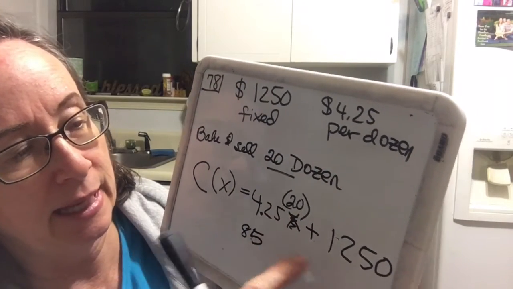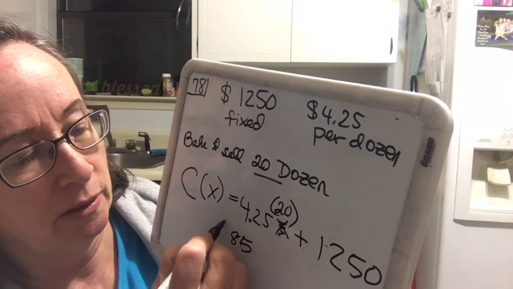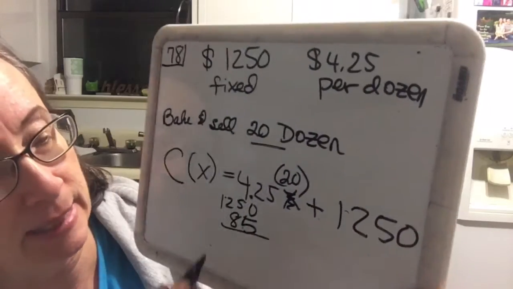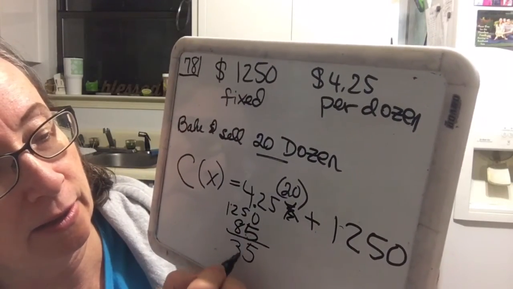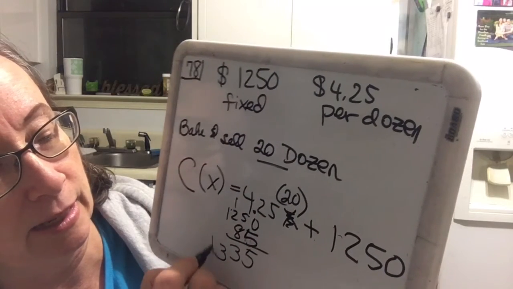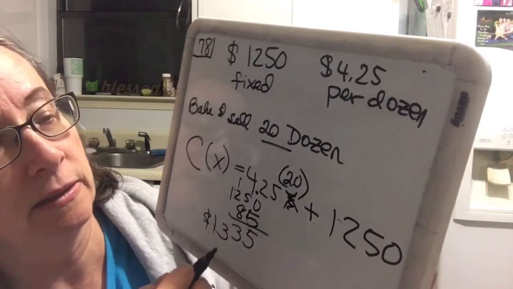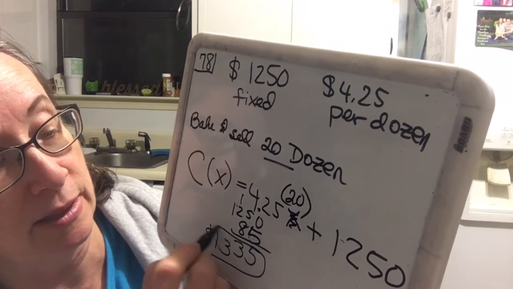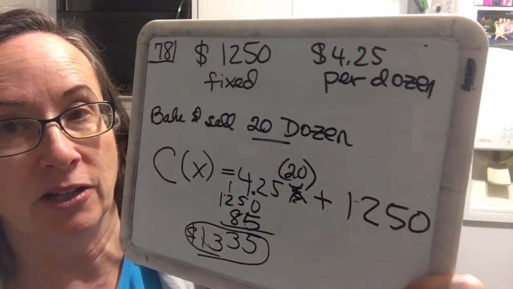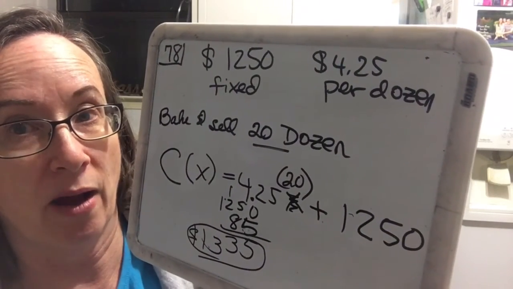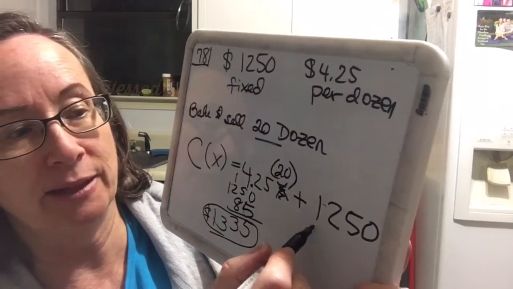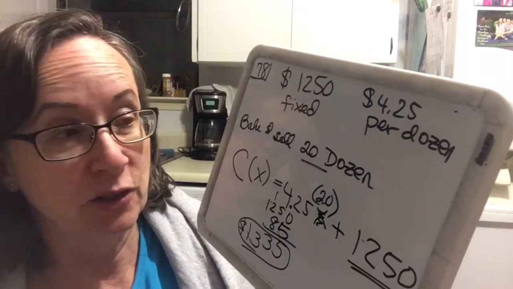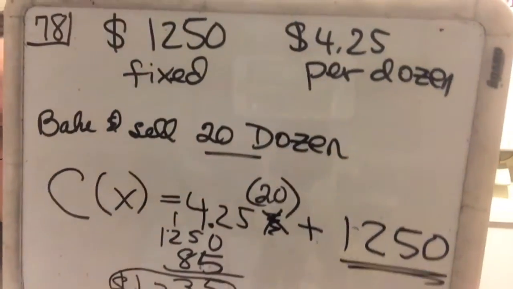Okay, and then added to 1250, and when I put all of that together, I get $1,335. Wow. Okay, but notice they have this much that's already fixed cost that they're gonna spend anyway, just by keeping open. So there's that problem right there.